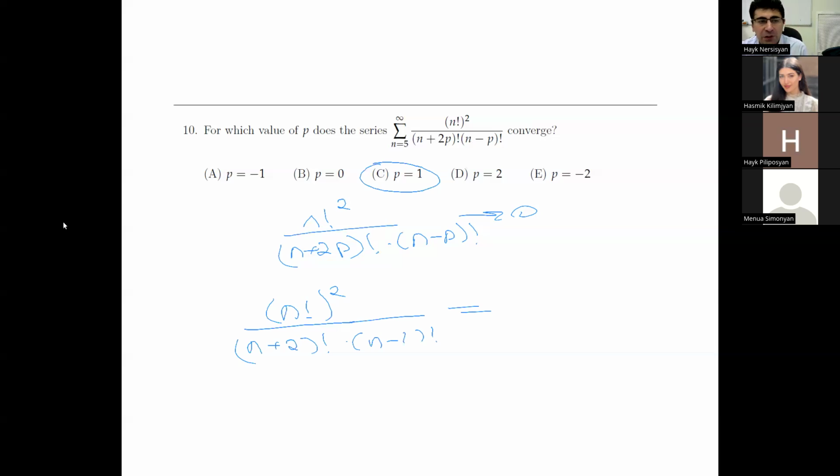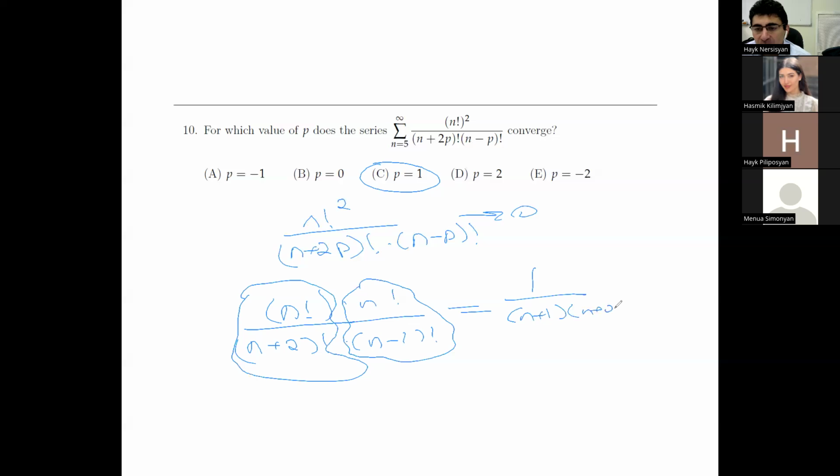Once again, n factorial squared we can write as n factorial times n factorial, and then group it as this term and the other one. So we will get n factorial over (n+2) factorial gives 1 over (n+1) times (n+2). And from the second term, we have just n. It tends to 0. Perfect.